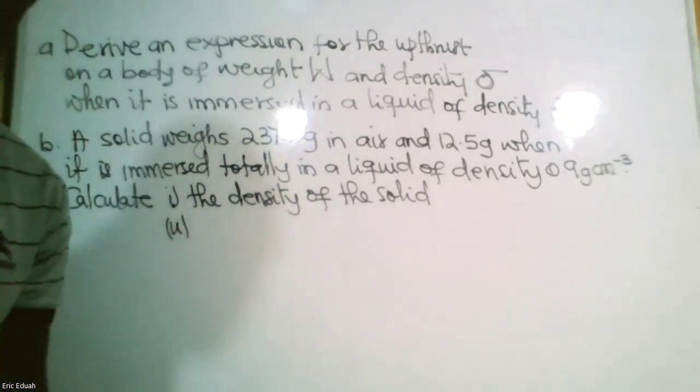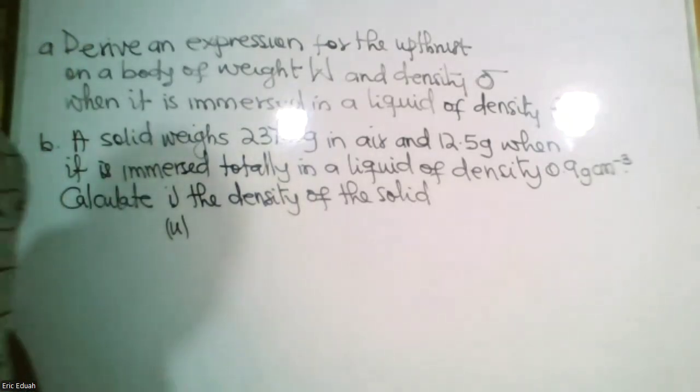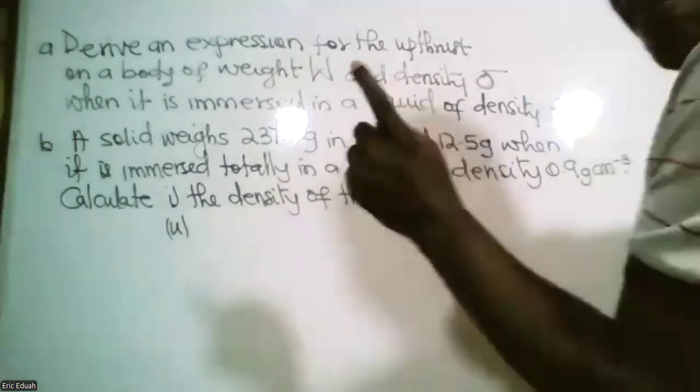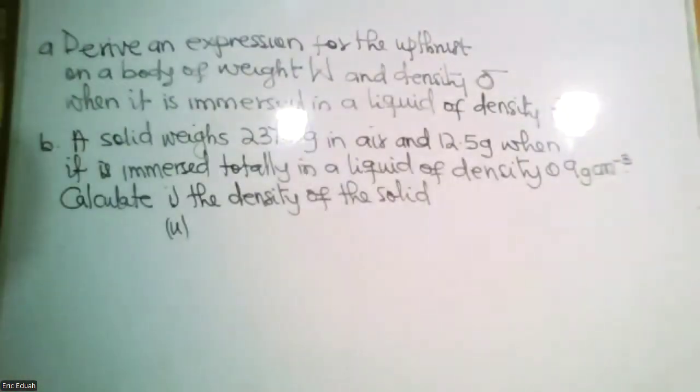To help you understand the concept of Archimedes principle, let's all look at it. Question 1: derive an expression for the upthrust on a body of weight W and density sigma when it is immersed in a liquid of density rho.